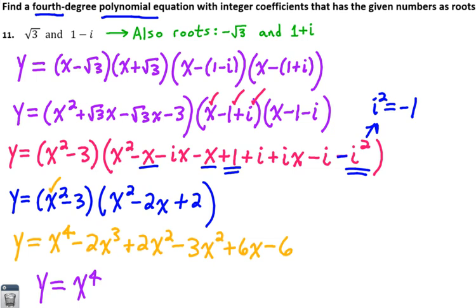Nothing actually combined with that. It's these two that combine, because that's a power of 2, that's a power of 2, so 2x squared minus 3x squared is minus 1x squared, and then we can bring those two down as nothing combined with it. And that's number 11.